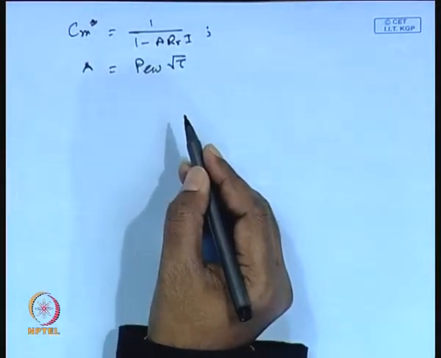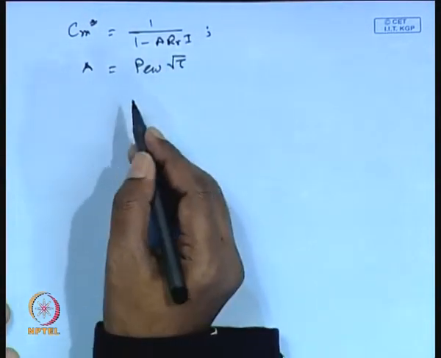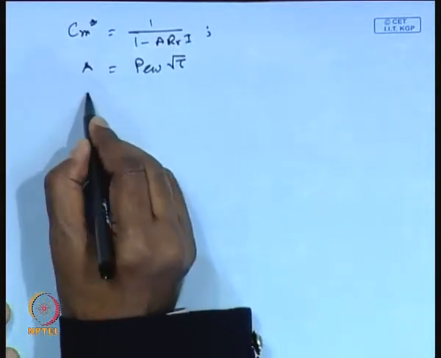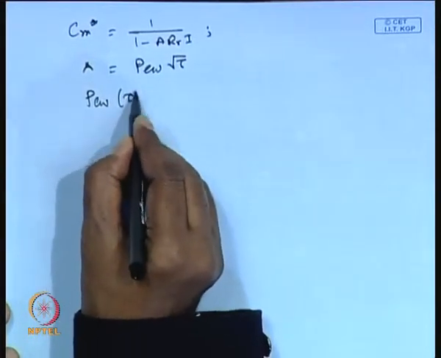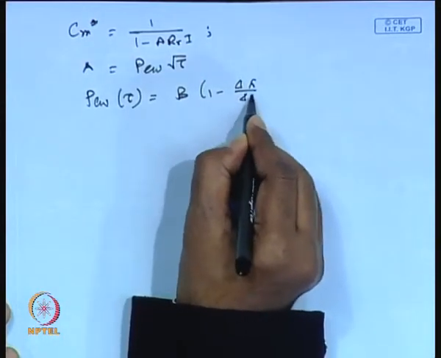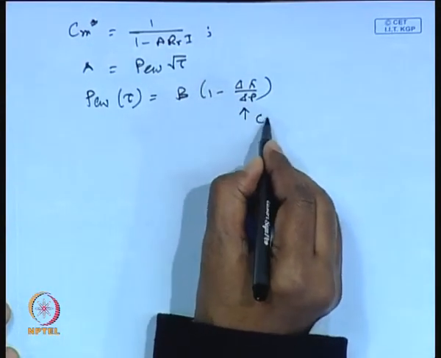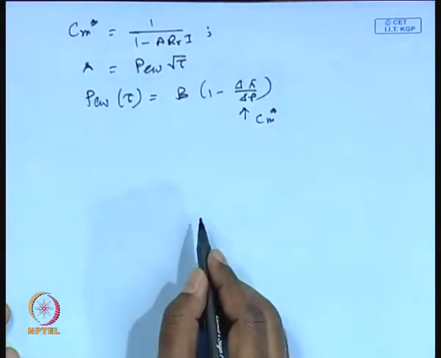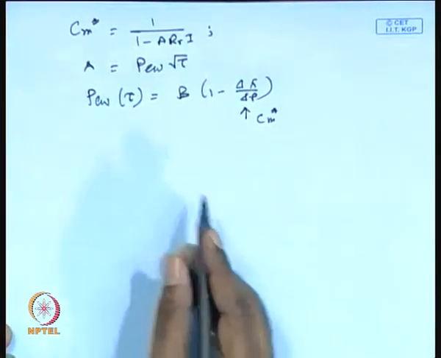And Darcy's law says that Pw at any point of time becomes B times 1 minus delta pi by delta p, and this is a sole function of Cm star. So, that is it.